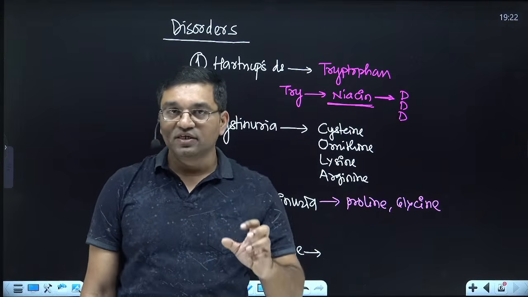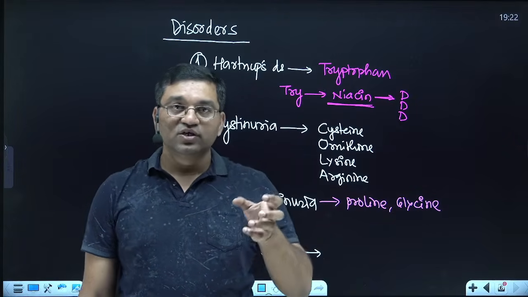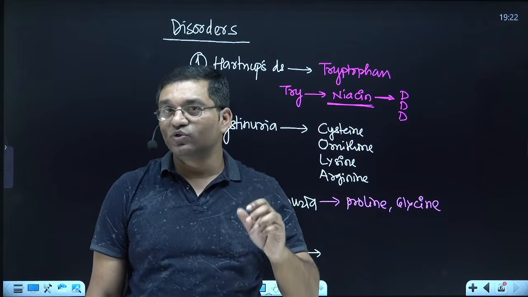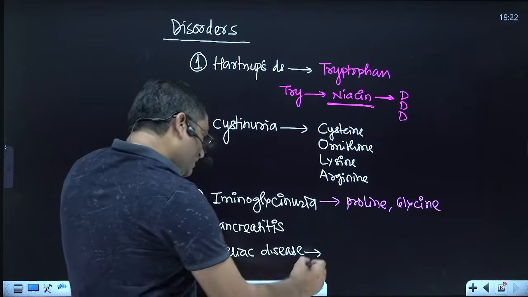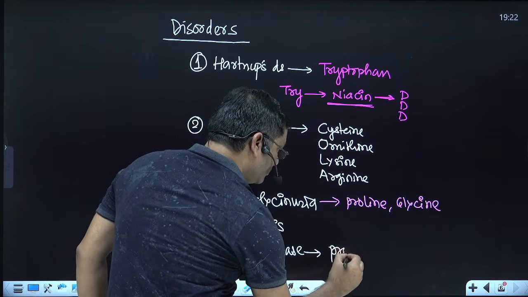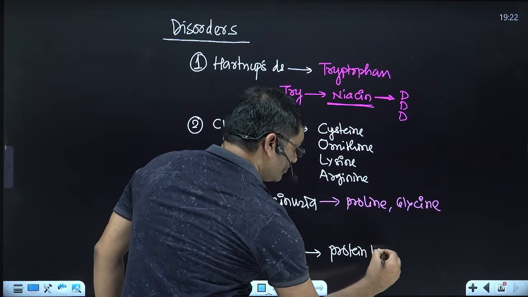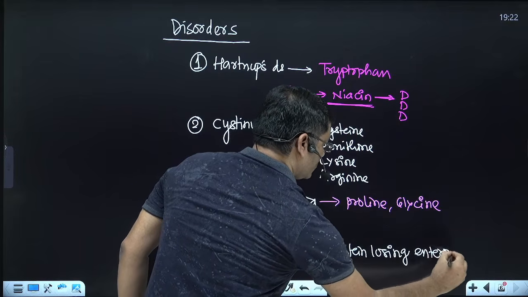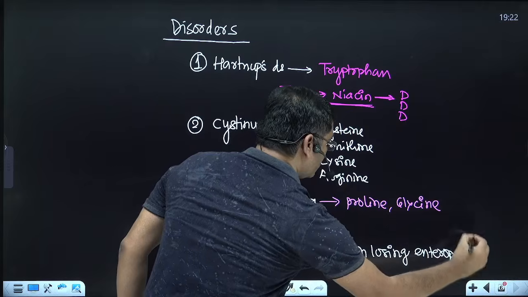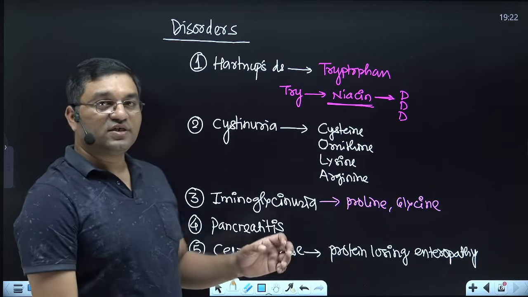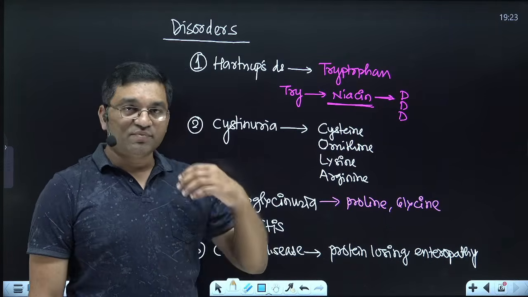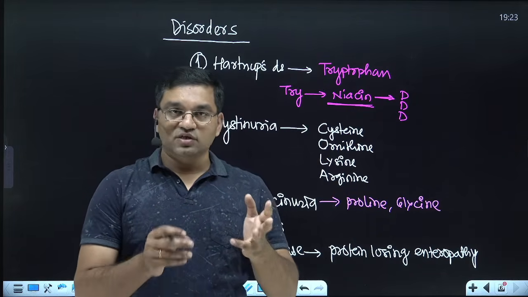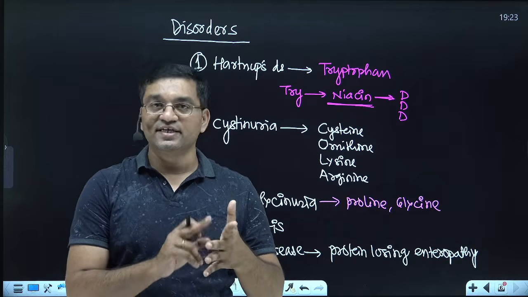The person is hypersensitive to gluten, which is specifically present in wheat, barley, oat, rye. There is loss of proteins from the intestine, and the person is hypersensitive to the diet containing gluten.